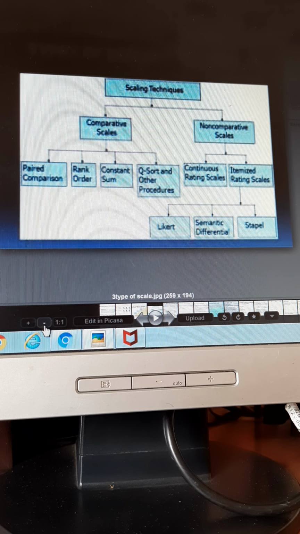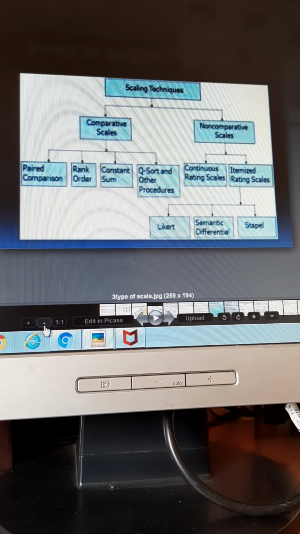Okay, so today we will be going on to this aspect, which is comparative scales. As the name suggests, comparative scales give you scope to compare 2 or 3 different aspects.